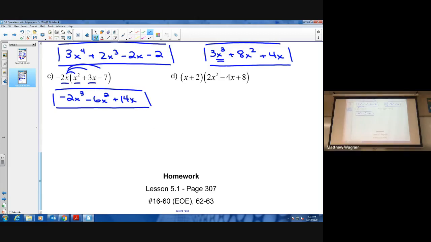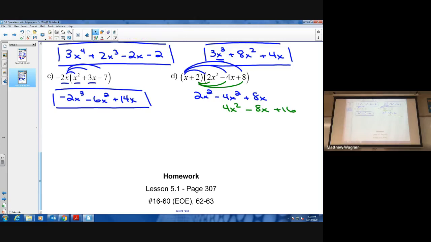If I have something like a binomial and a trinomial or two trinomials, you want to make sure you distribute everything throughout. So my first step is going to be to distribute the x to everything, plus 8x. Then you're going to want to distribute the 2 to everything. So I wind up with 4x squared minus 8x plus 16.